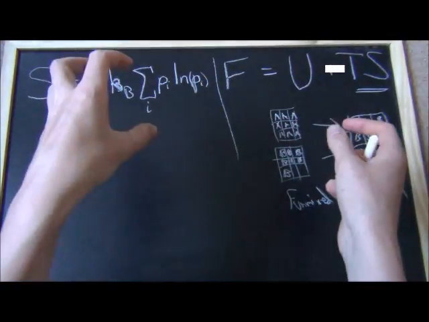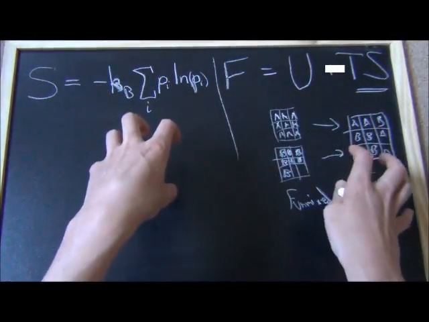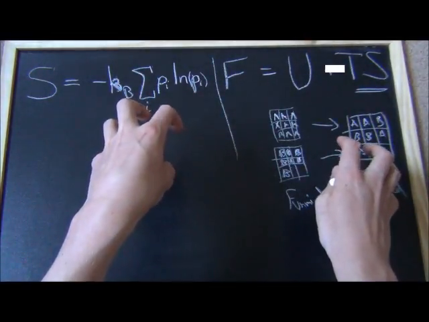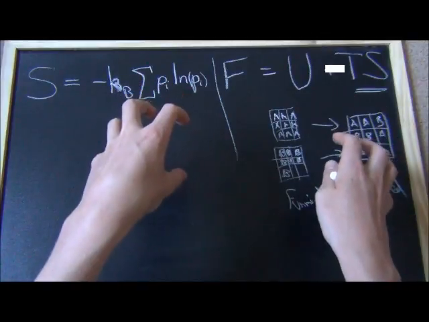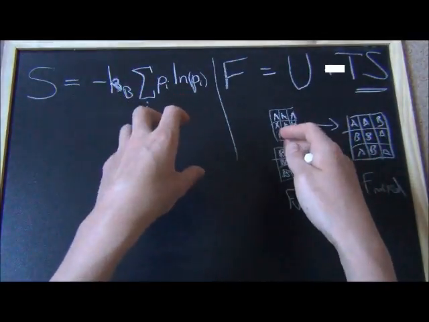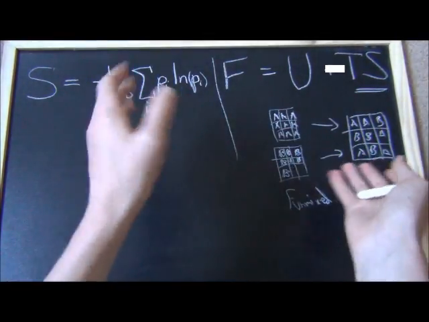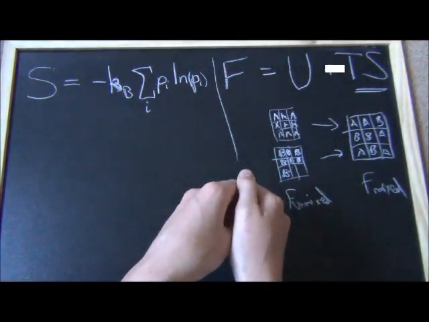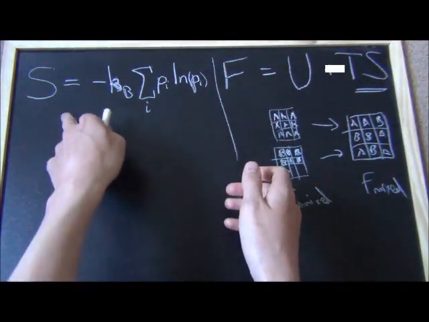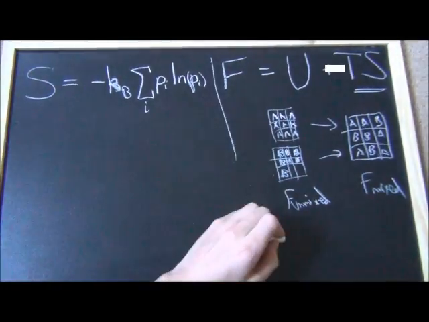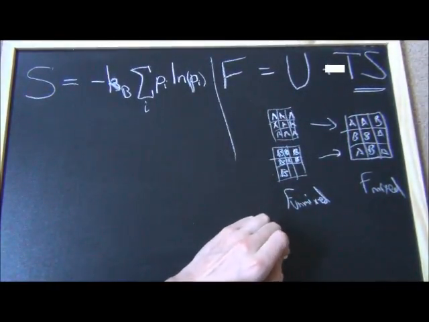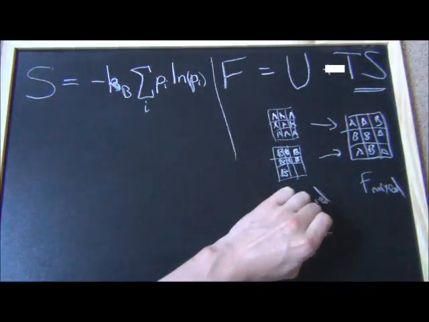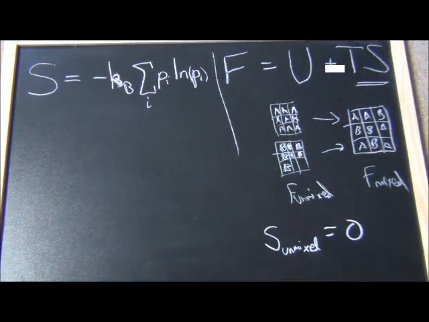So when they're separate, blues here and reds here, and we know that's the case, they're not mixed in any way, then that's only one possible microstate. We have no missing information. We know everything there is to know about the system. So our entropy for the unmixed case is 0. So the unmixed case is really easy.